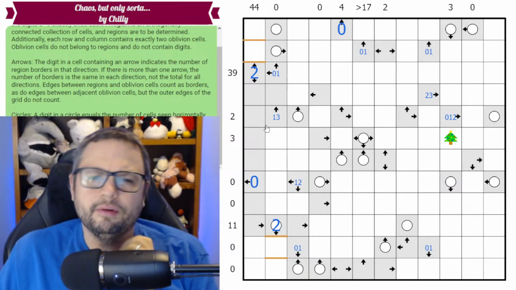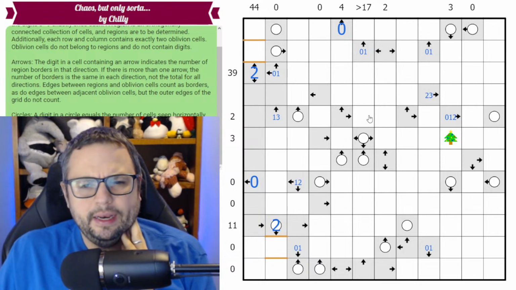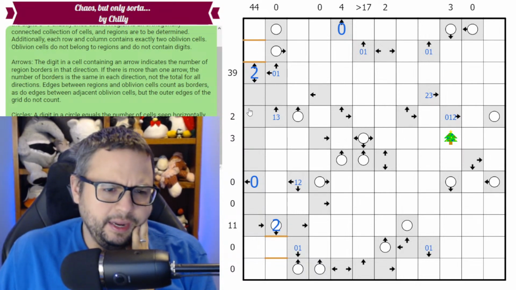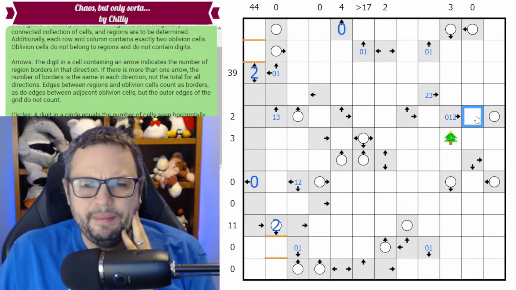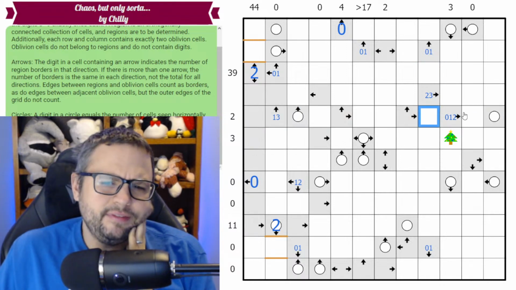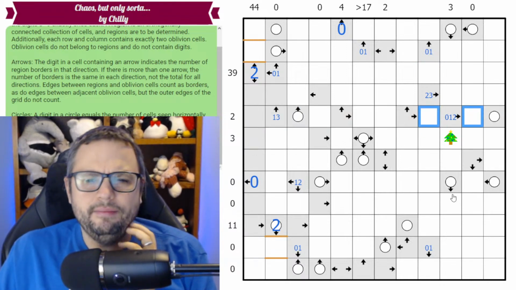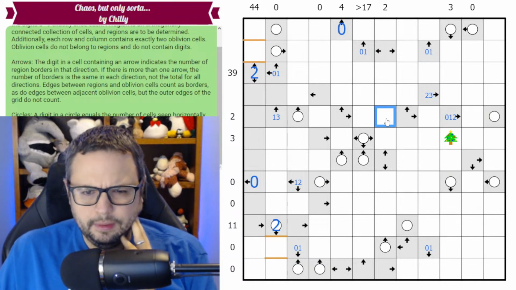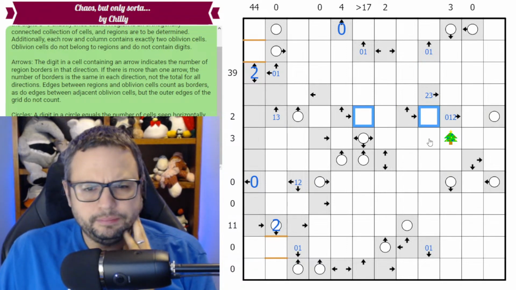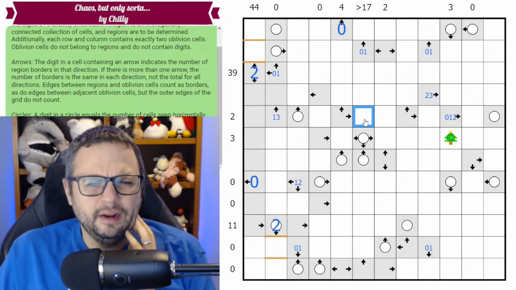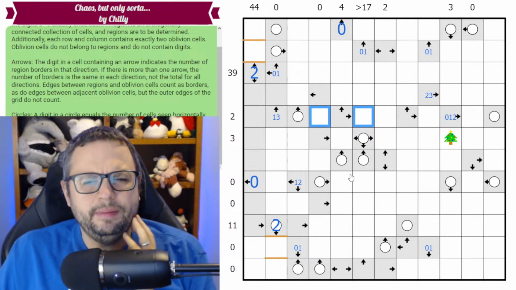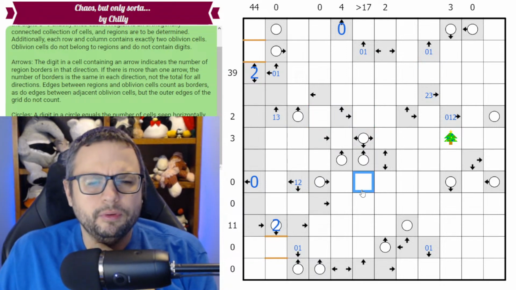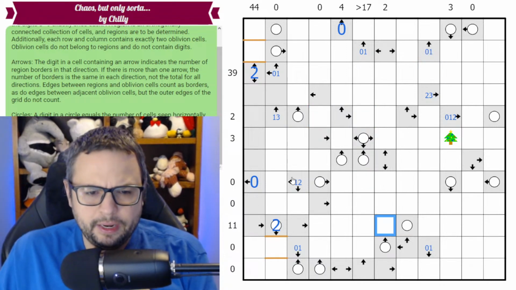So there can be a 0 between the Oblivion cells. That would be okay, I think. But it's worth thinking about if there's any of these I could rule out. So like that would be an obvious Oblivion pairing. That would be an obvious one. Oh, maybe these could be an Oblivion pair if that's a 2, maybe?